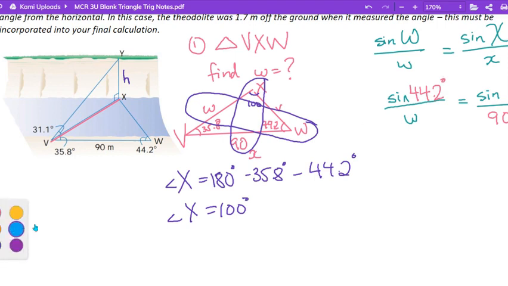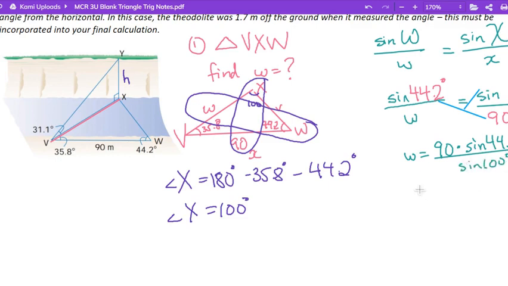Okay, and do people remember the T rule? Yeah. Okay, so I'm going to go 90 times 44.2 divided by sine 100. What is it? 63.71.